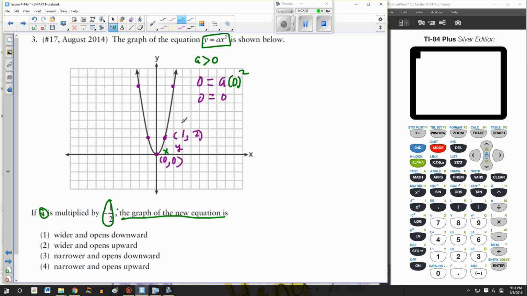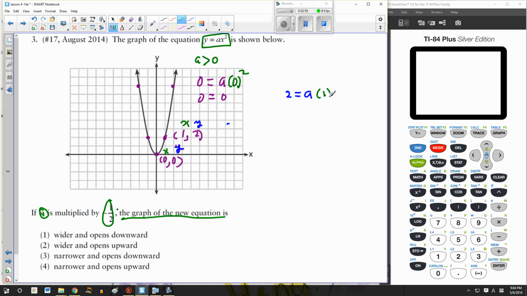So this is x. Let's use blue for y. 2 is y. We're going to substitute these values into this quadratic function to find the value of a. Y is 2, equals a, which we don't know, we'll find out soon, times x squared, and x is 1.